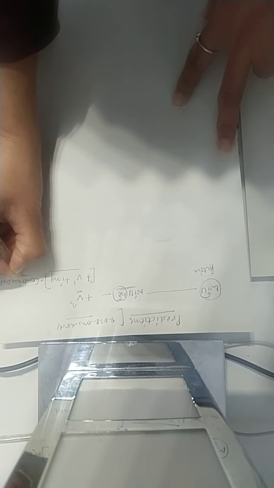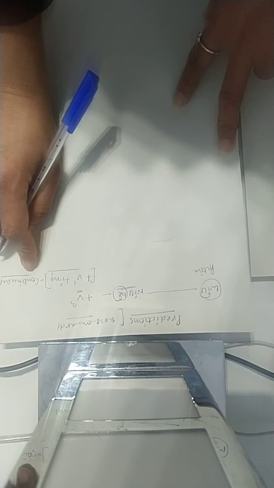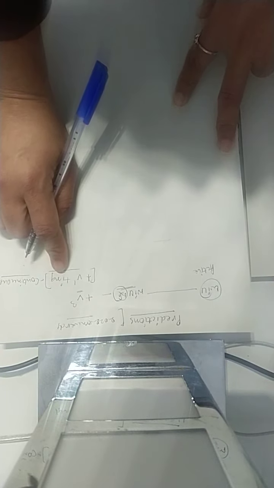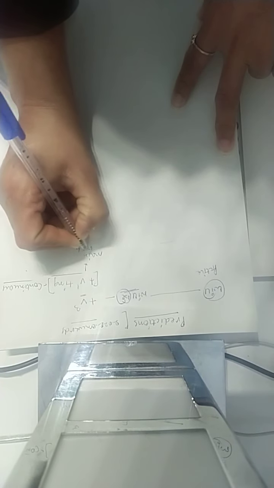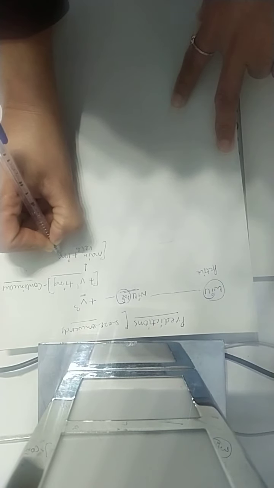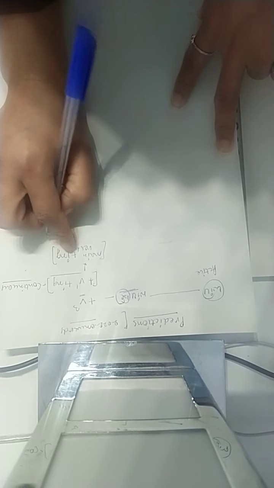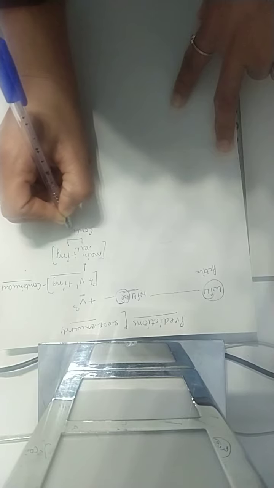So be remember, whenever you are adding ing with your main verb, it becomes continuous. Be remember this. Fine.